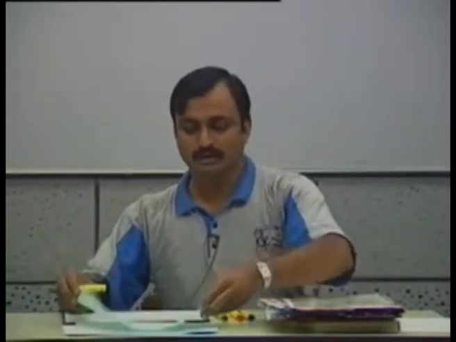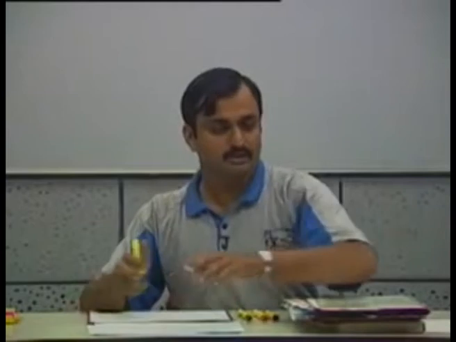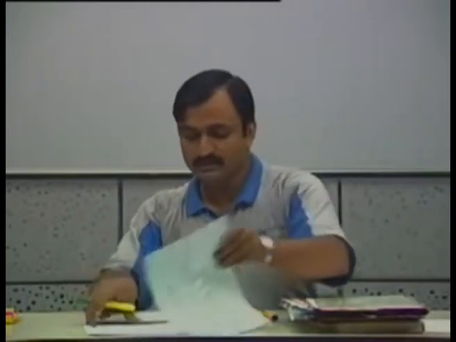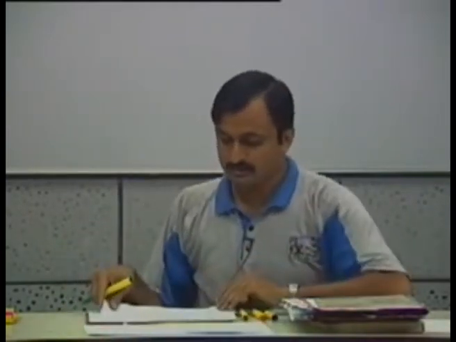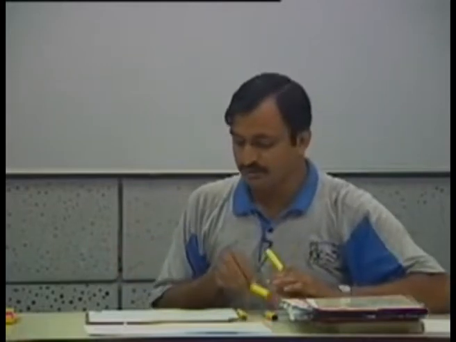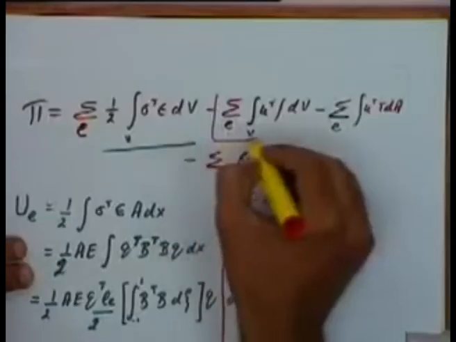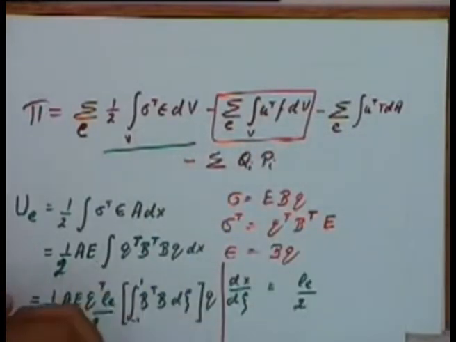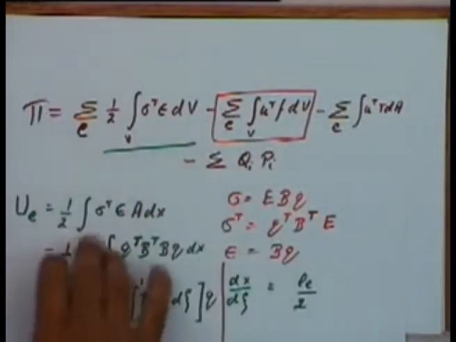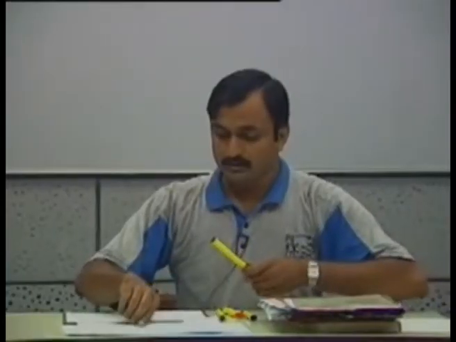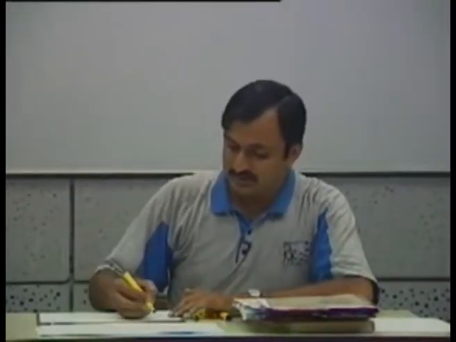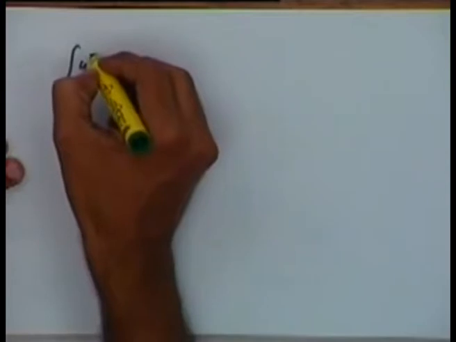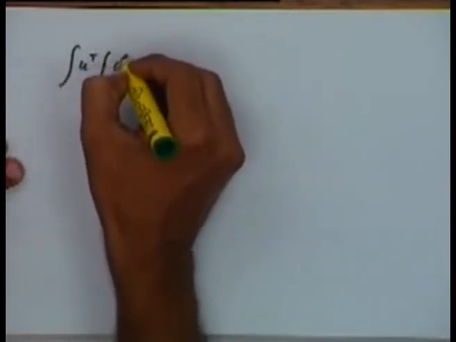Okay, then we will now take up the next term in the potential energy expression, that is the term of these body forces. If you want to evaluate this integral, this is the integral of U transpose F dV.